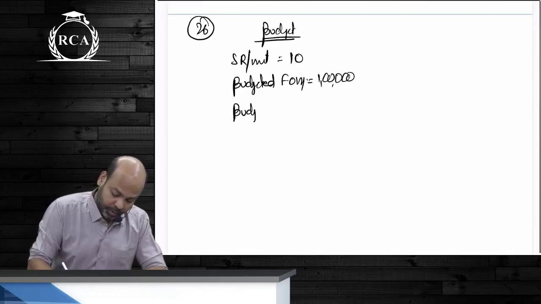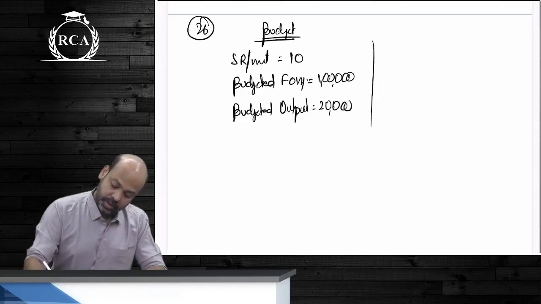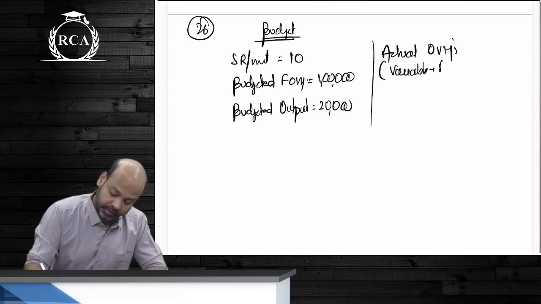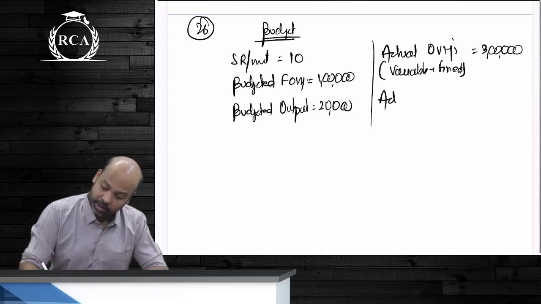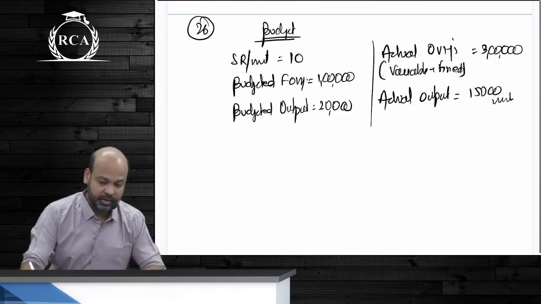Budgeted output 20,000 units. Actual overheads, guys, variable plus fixed is 3 lakhs. And actual output is 15,000 units. I'm sorry guys, you should have written this along with me.